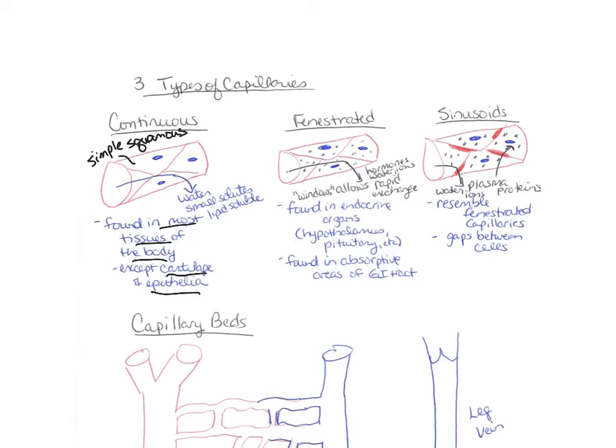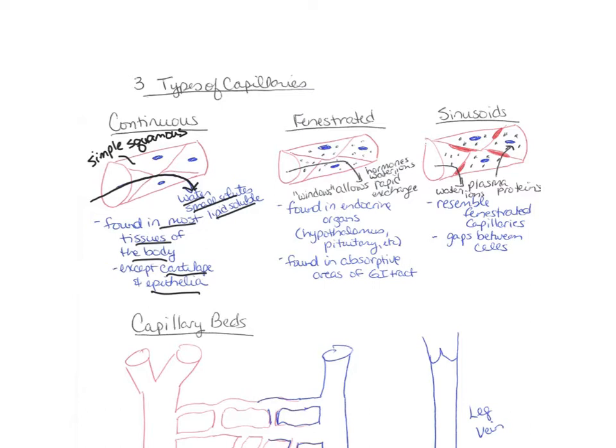So it's just a normal blood vessel with 1 layer of simple squamous cells. And as the blood is being pushed through it, it will be pushed against the wall of the capillary, and certain things like water and small solutes and lipid-soluble molecules will be able to come through those cells, through the phospholipid layer of those simple squamous cells.